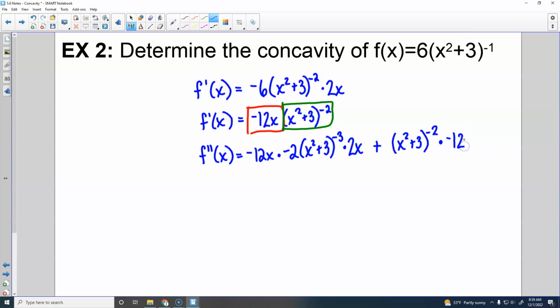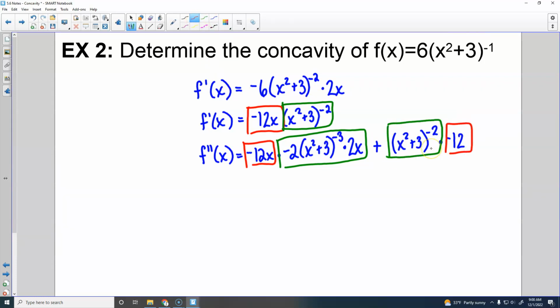Very good. Okay, so we're doing f times all of this stuff right here, which is g prime. You got to use the chain rule for that. And then g times our f prime there.